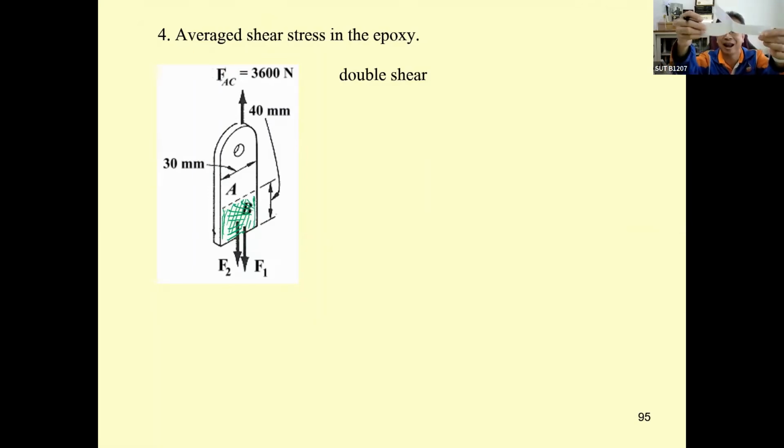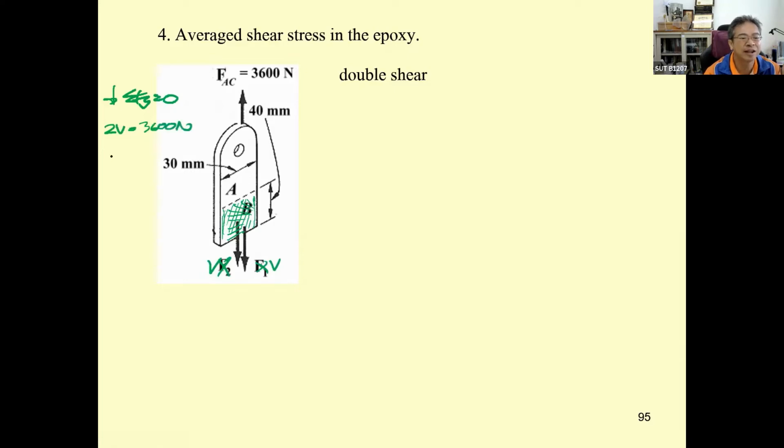And this is the portion that you glue. From the equilibrium of F sub y equal to 0, you may use this as the V, and you have 2V equal to 3,600, so V is going to be 1,800 occurring over this area.